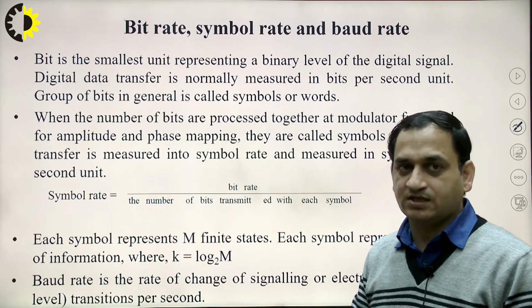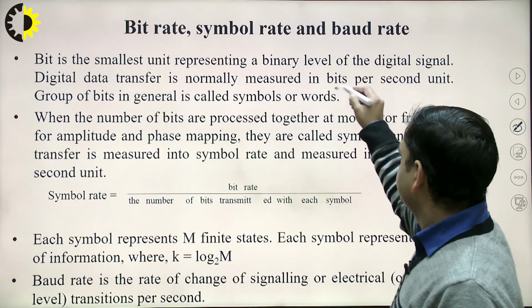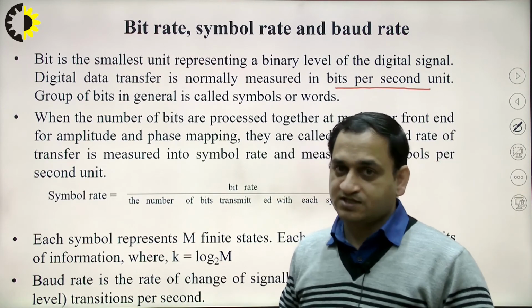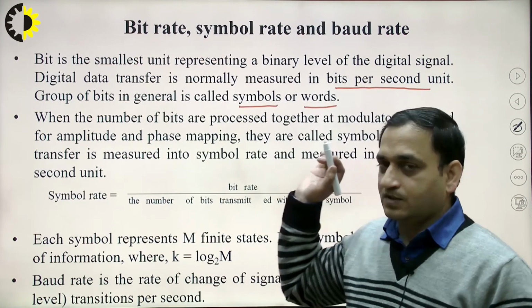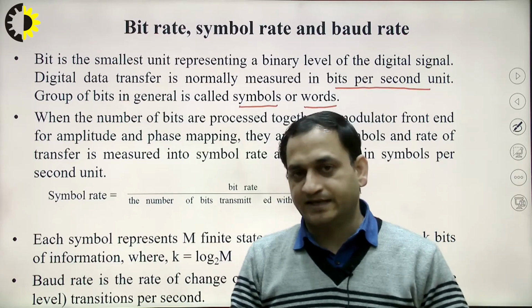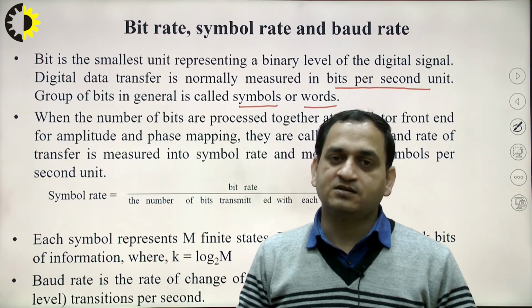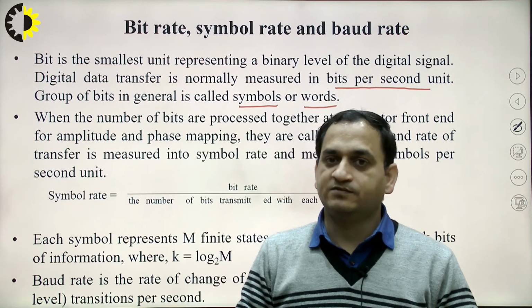This is the data rate or bit rate. A group of bits is called a symbol or word. Suppose we transmit 1, 2 or 4 bits: if 4 bits per second, that is 4 bits per second; if 1 bit at a time, it is 1 bit per second.